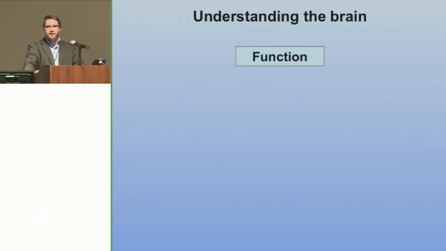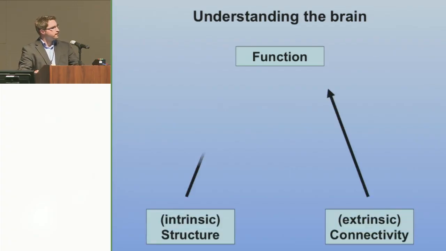So what are we after? In the end, we want to understand why a particular part of the brain, a particular patch of the cortex, is doing a particular thing, a particular computation. And in order to understand that, we need to acknowledge that whatever is happening locally in terms of function derives from two major factors.